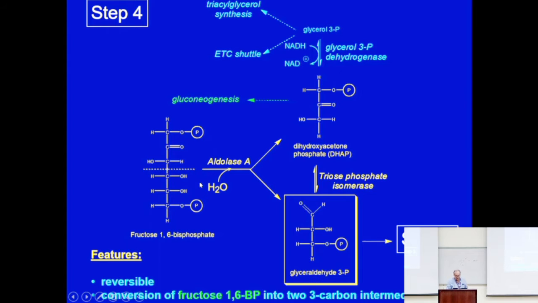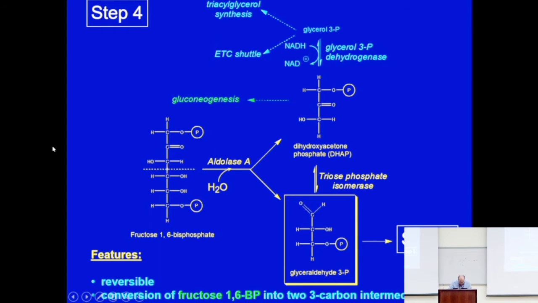Actually, the arrows should be both ways. This is a reversible enzyme. It breaks down fructose 1,6-bisphosphate to produce two 3-carbon sugars, phosphorylated sugars, dihydroxyacetone phosphate, abbreviated DHAP, and glyceraldehyde 3-phosphate.